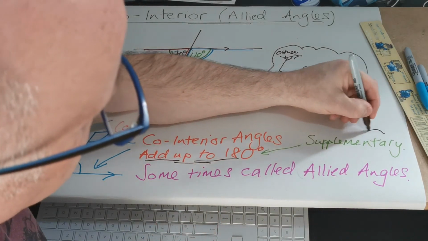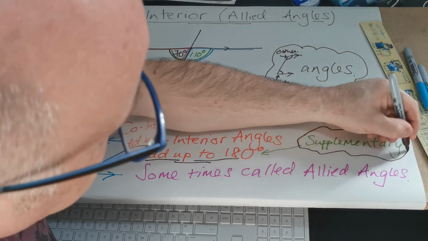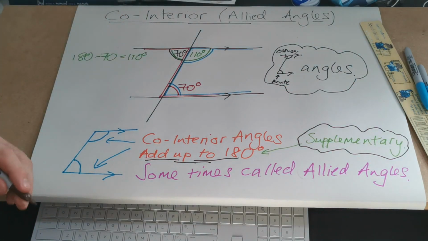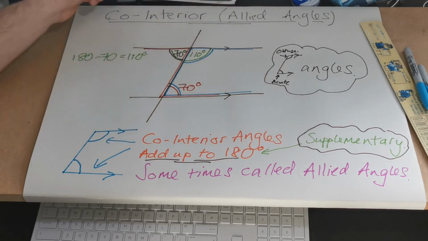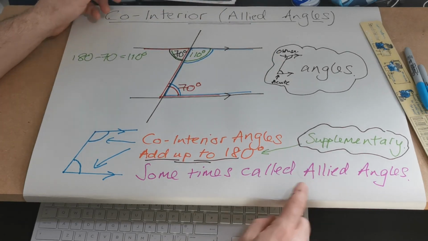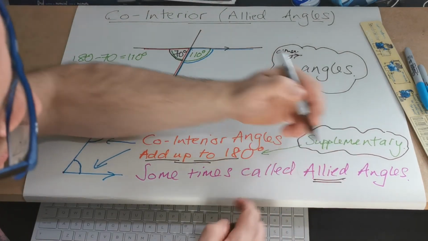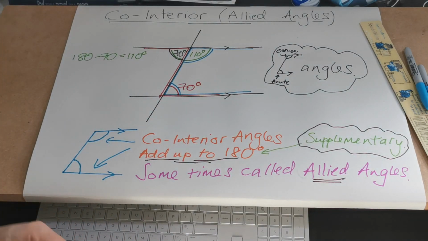And the word that means add up to 180 degrees is supplementary. So we're looking for co-interior angles, C for co-interior, and they're also known as allied angles too. Okay?